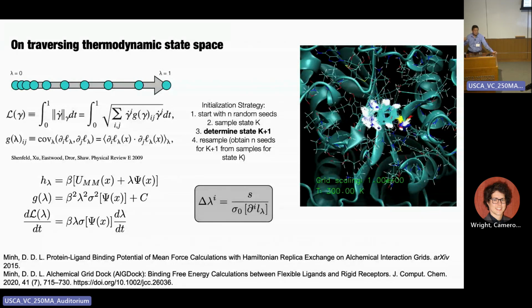You can start doing this by doing a simulation in one state, getting a thermodynamic length estimate to the next state, and then sort of having equal steps in thermodynamic length as you go along. And this was a form of sequential Monte Carlo that Jonathan Essex alluded to, but I didn't call it that back then.